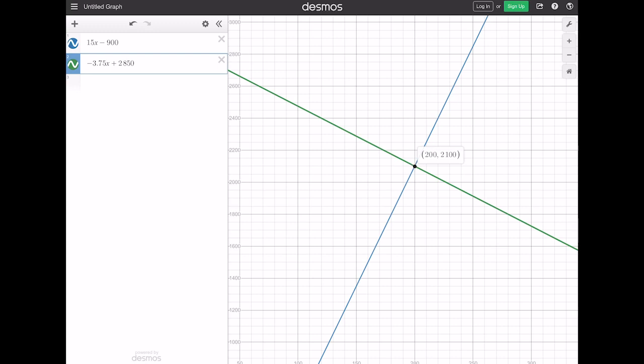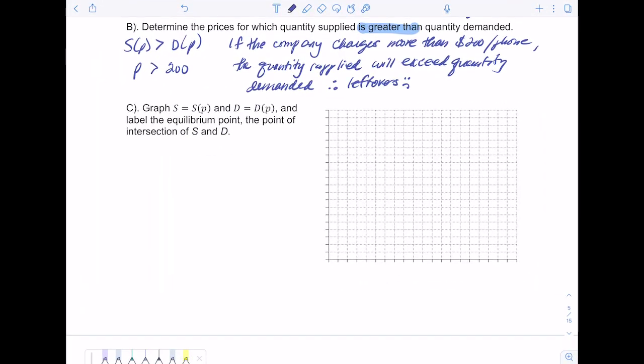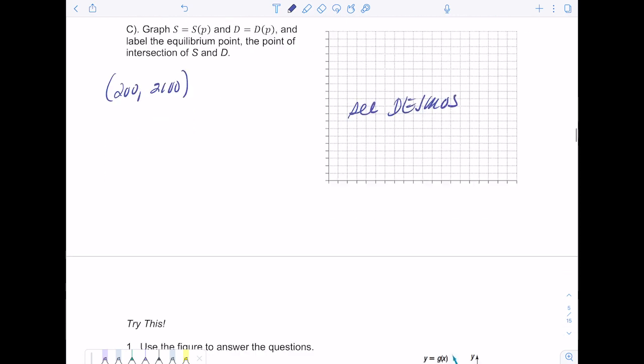Okay, you can practice graphing if you'd like. And then in the last part of the notes, so I'll put C, Desmos. And the answer was 200, 2,100.